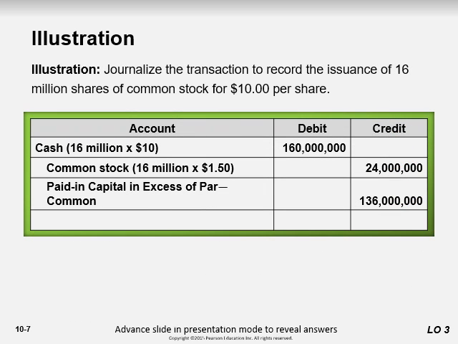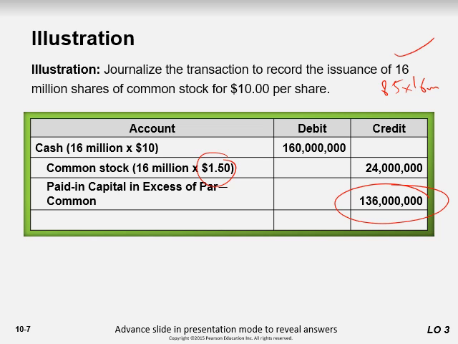Number one, what is the transaction when they issue 16 million shares? We know that the par value is 1.5 and the excess is 8.5, multiplied by 16 million, the answer is 136 million.